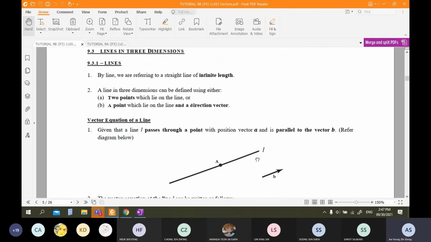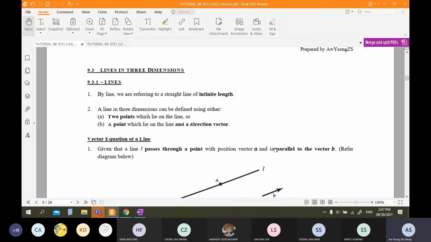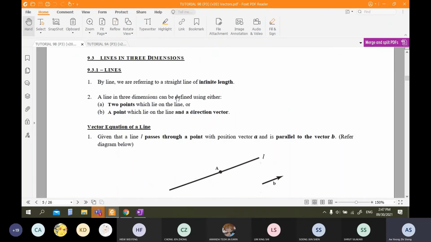Okay. Now let's move to section 9.3, lines in 3D. First of all, point number one, by the word line, we are referring to a straight line of infinite length. Especially in this chapter, when you see the word line, always assume that the line can be extended indefinitely.